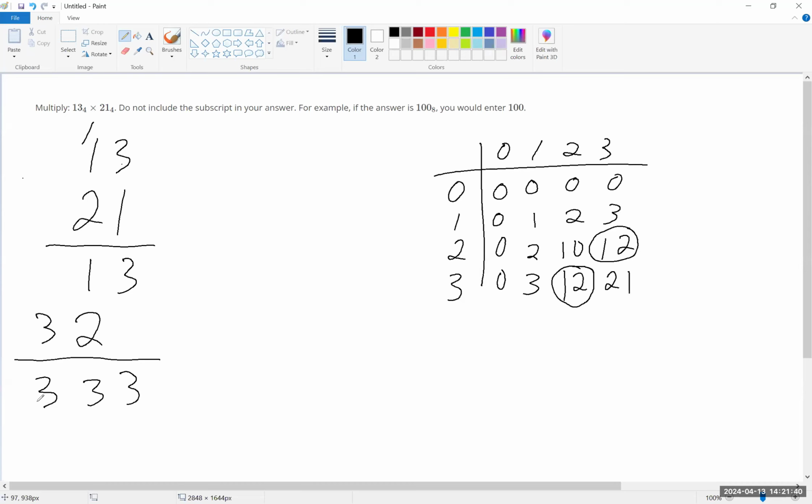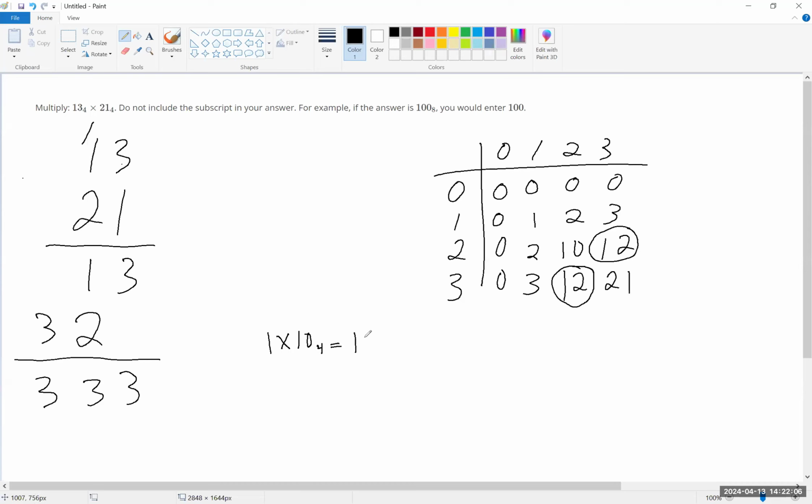Because this is a relatively easy problem, I think it's worth thinking about some things. Notice, just starting over, 3 times 1 is 3. But 1 times 1 is actually 1 times 1, 0 in base 4.